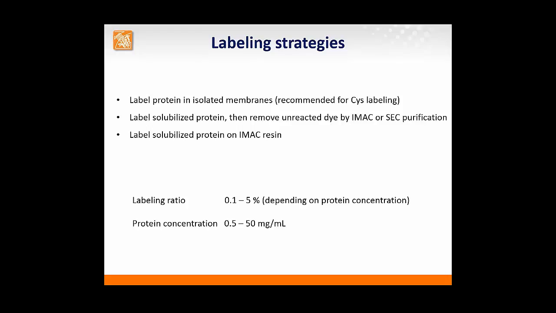If your protein doesn't have any tags or ligands to be attached to affinity resin, you could use several rounds of desalting, dialysis or size exclusion purification. But you really need to make sure that all of the free dye is removed from the sample.